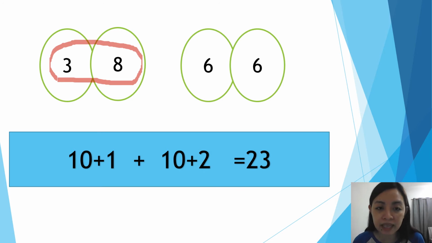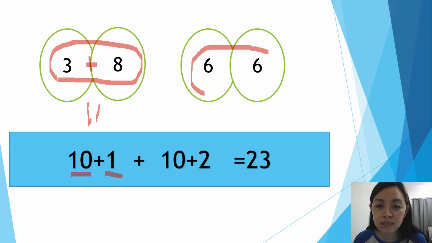So 3 plus 8 or 8 plus 3 is equal to 11. Okay, so we're going to divide it into tens and ones. 11, 10, and 1 plus 6 plus 6. 6 plus 6 is 12.